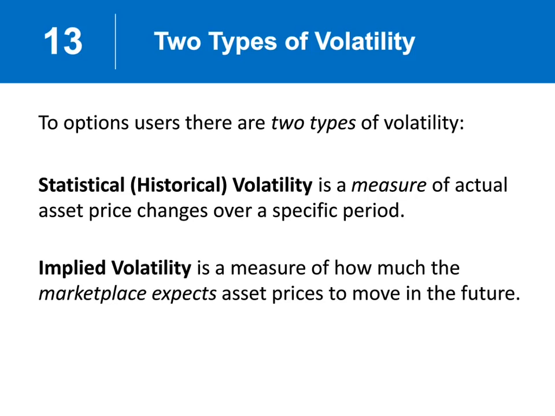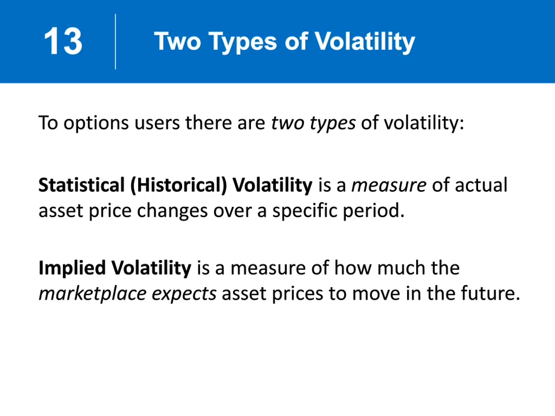Starting with the statistical, which is what we just defined in the previous section, it's the measure, and we know how we measure that with that formula, of actual asset prices, which is what? That's the stock over a period of time. We already stated that, and that's typically about a year.